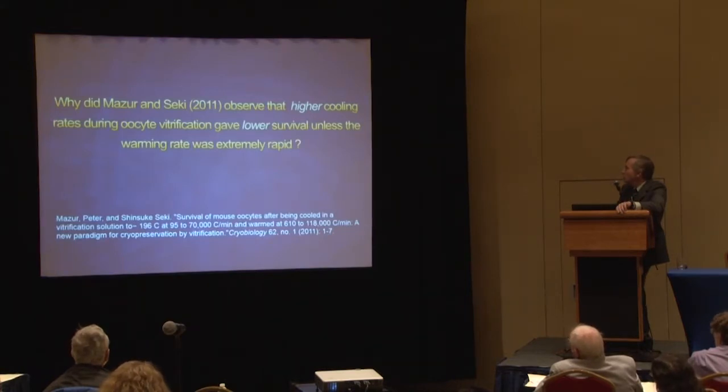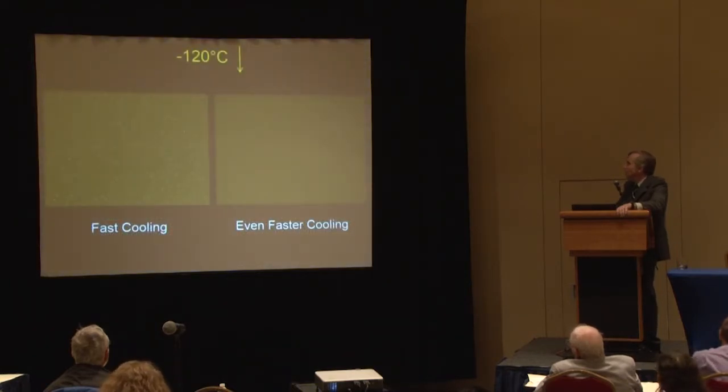They also observed that higher cooling rates during oocyte vitrification paradoxically gave lower survival rates unless the warming rate was extremely rapid. This is kind of counterintuitive to those of us who do vitrification in the metastable regime, but we can understand why this is. It's because nucleation, even homogeneous nucleation, is partly a kinetic phenomenon.